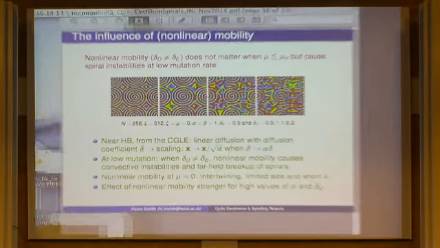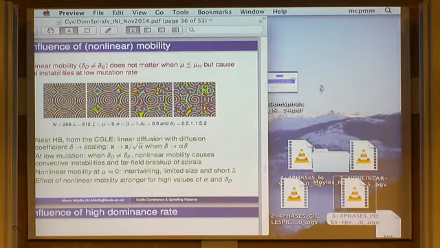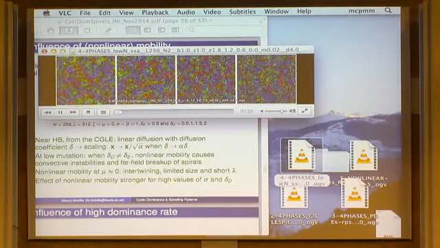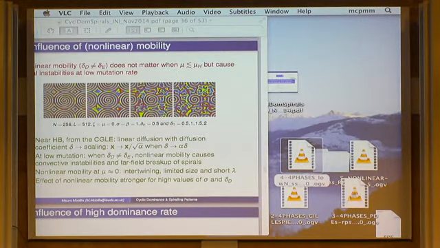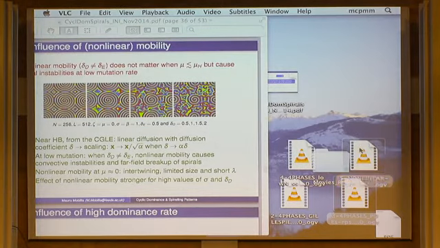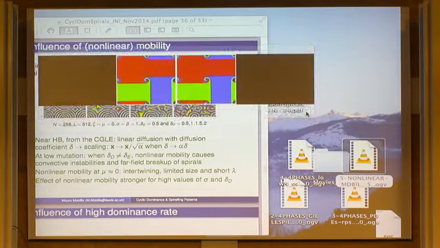So perhaps I can show you a movie illustrating this. Here it's linear mobility.